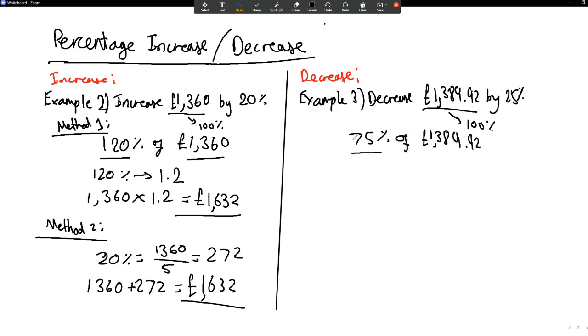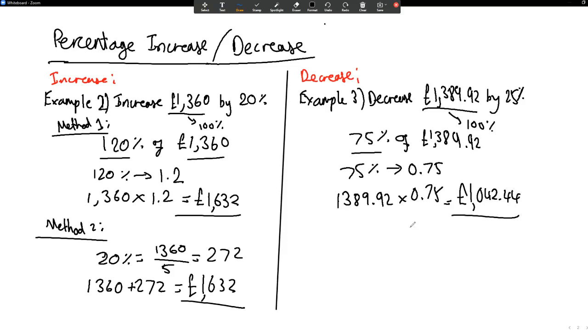So again, we divide this by 100, so 75% becomes 0.75, and then we just multiply the number we have by 0.75. When we do that, we get 1,042.44 pounds.